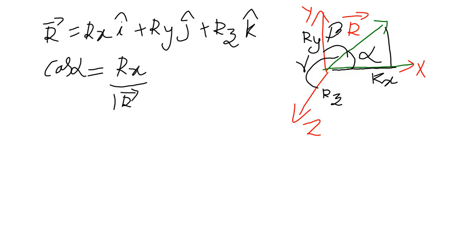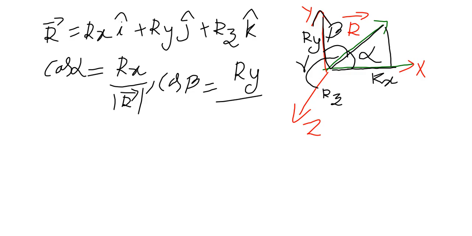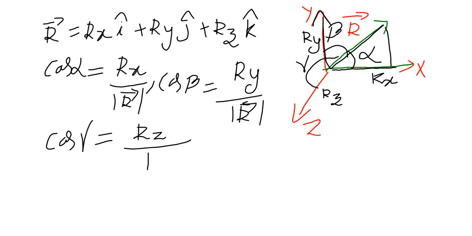Cos beta is equal to Ry by modulus of R bar. Next, cos gamma is equal to Rz by modulus of R bar. We call this cos alpha, cos beta, cos gamma as direction cosines.